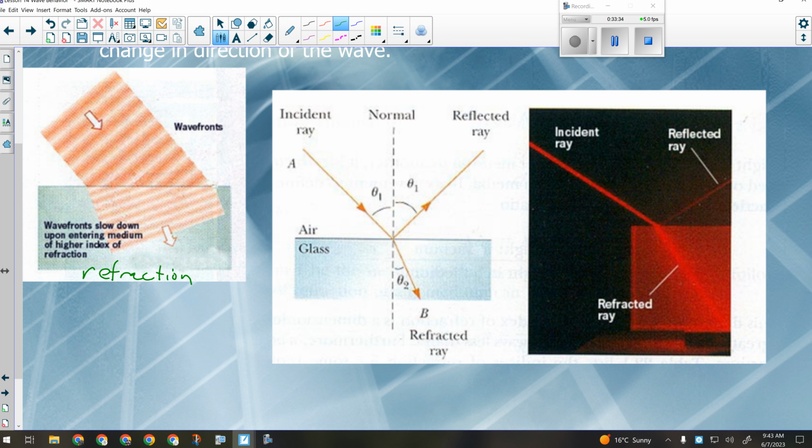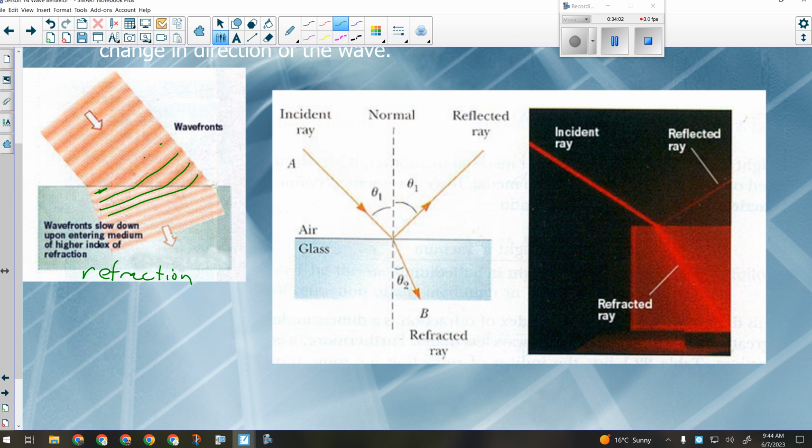But when they come in at an angle like this, the issue is that some of the wave, like this part of it right here, encounters that medium before this part does. So this part, if the medium it's going into is slower, slows down before this one does. So it falls behind the rest of the wave. And what we see is that all the waves get bent.